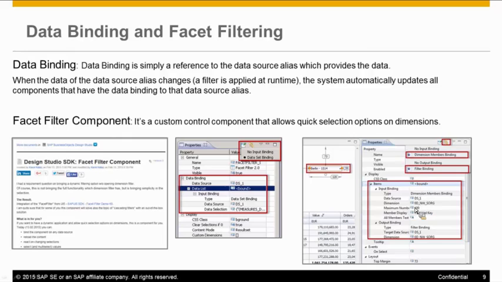If you are using, for example, a drop-down box, then you have to mention which dimension from that data source will be used by that drop-down box. And then what's the target data source which is going to get affected when you make a selection from that drop-down box. So that's a little bit about the Facet filtering and data binding.